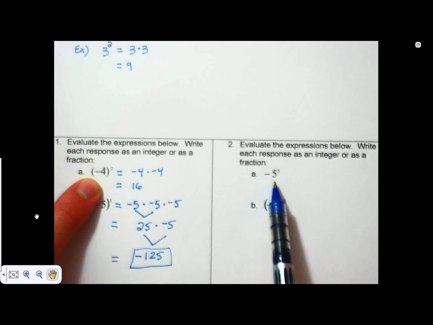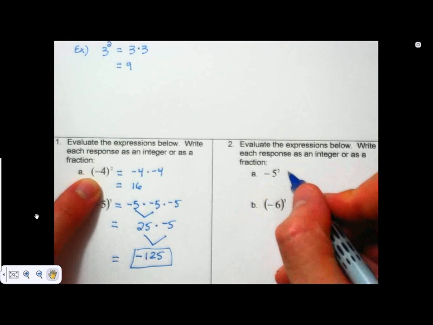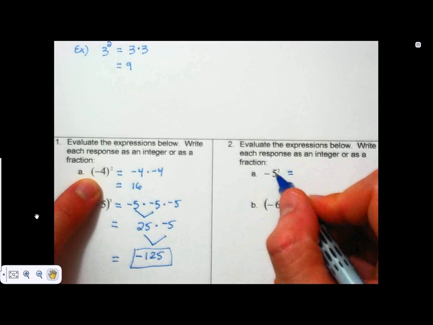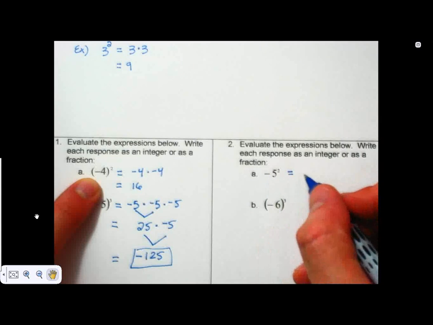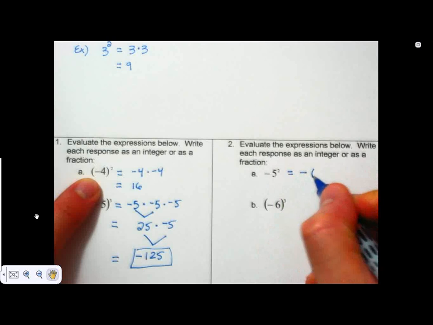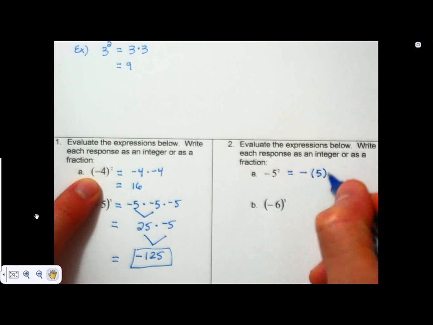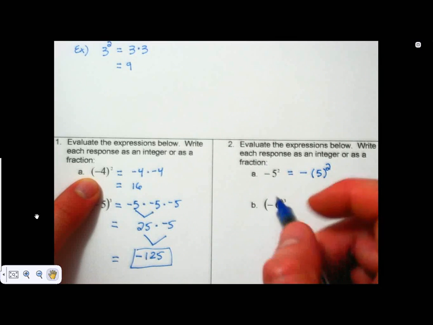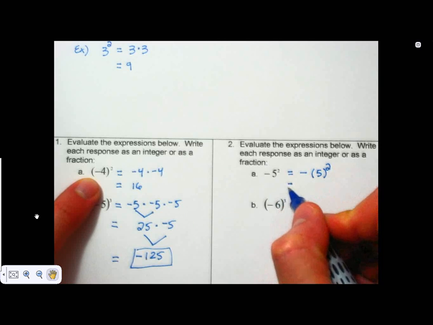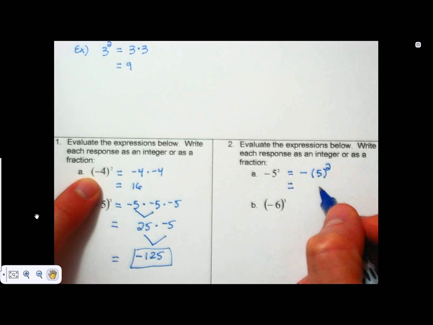That's significant because what that means is that just the 5 is being squared, and then we're taking the opposite of that result. In other words, what this means when there are no parentheses is that really there are parentheses, but they're just around the 5, and they don't include the negative sign.